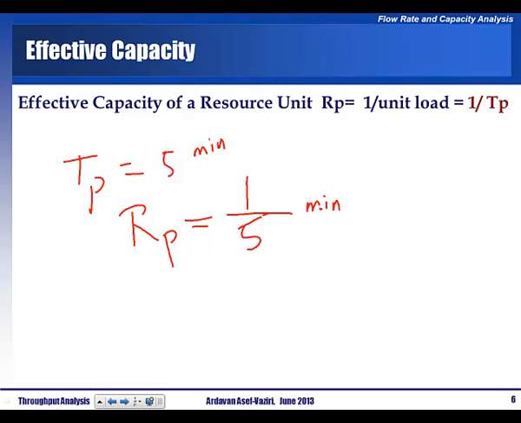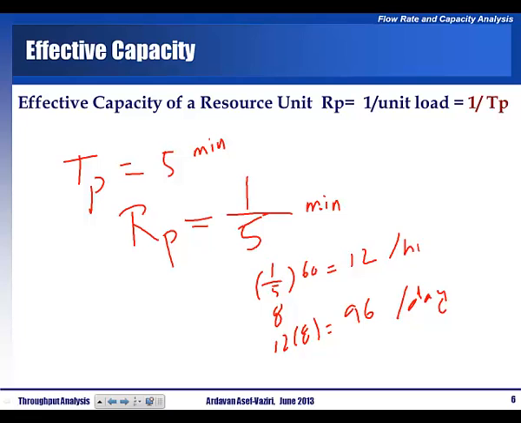Capacity of that resource is 1 over 5 per minute. If you want it per hour, 1 over 5 times 60, 12. If you want it per day, and if a day is pure 8 hours, then per day it is 12 times 8, which is 96. 12 per hour, 1 over 5 per minute.